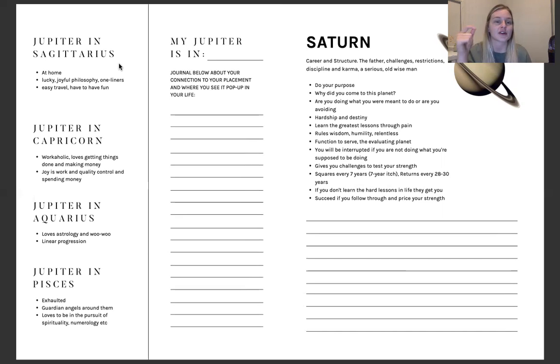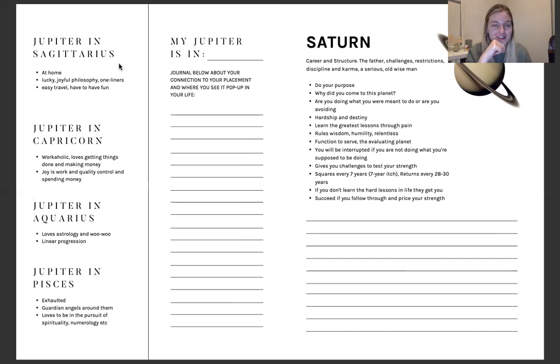But when Saturn enters the sign that is squaring or opposing your natal Saturn sign, you're going to feel that energy, but the biggest lesson will happen when it's within the 3-degree orb on either side of the degrees, which we're not there yet.